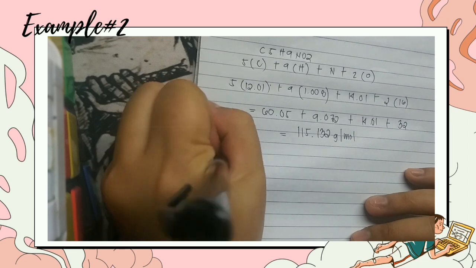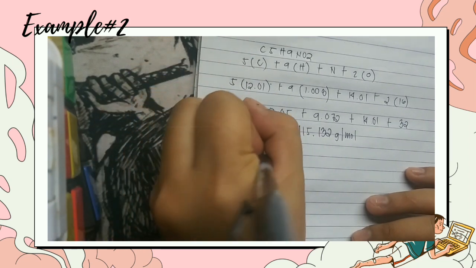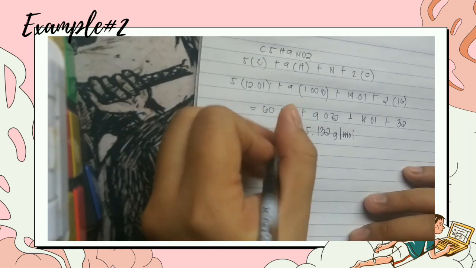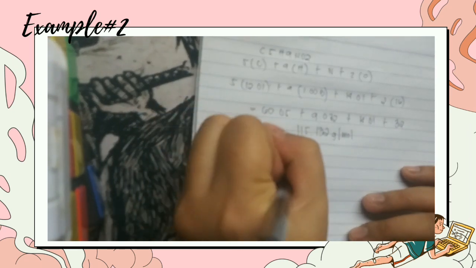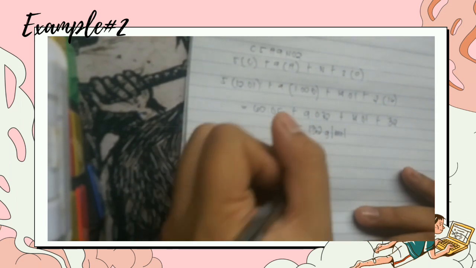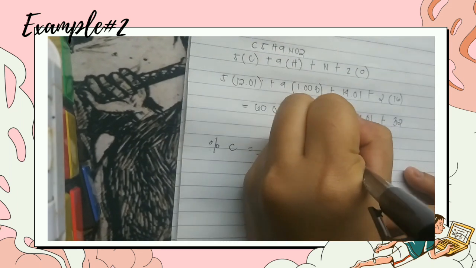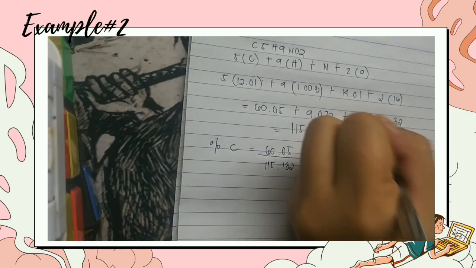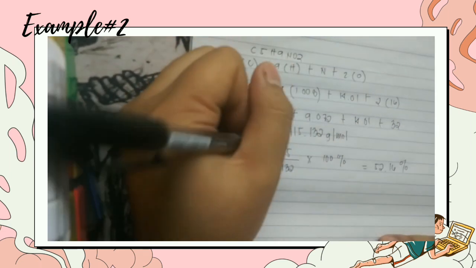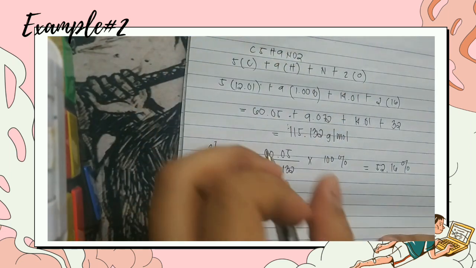So it will be percent carbon equals 60.05 over 115.132. Then, we will multiply it by 100%, which equals 52.16%.